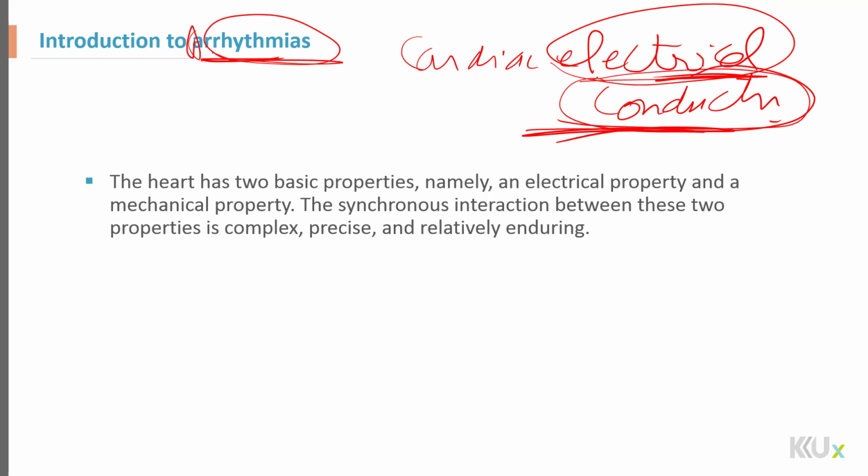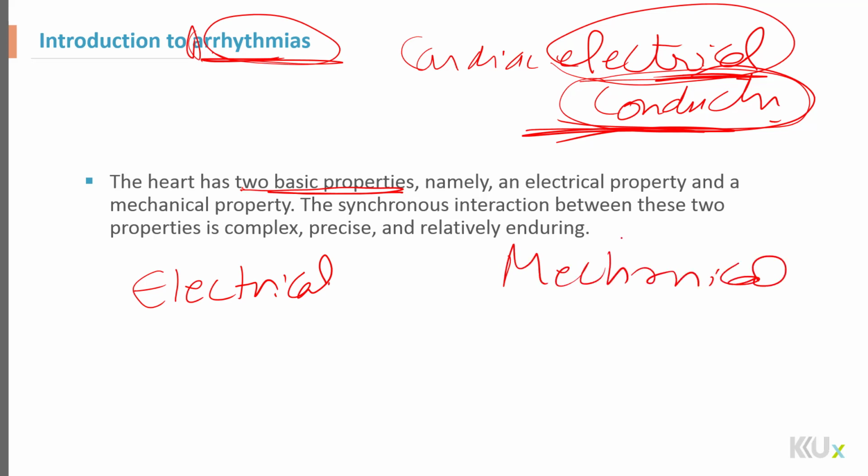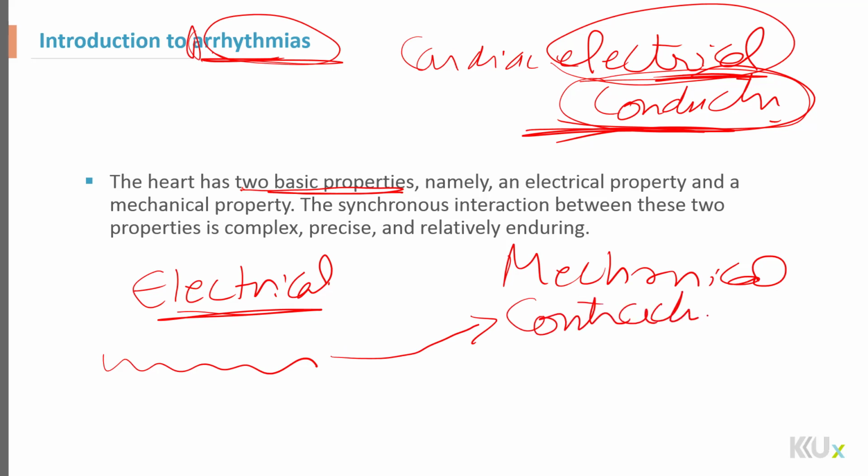Before we get into the details of this disturbance and the normal electrical conduction, we need to understand that there are two basic, two essential properties of the heart. These are the electrical activity and the mechanical activity. Electrical activity means the movement of electrical charge inside the cardiac cells and muscles, which is then translated into contraction and relaxation.